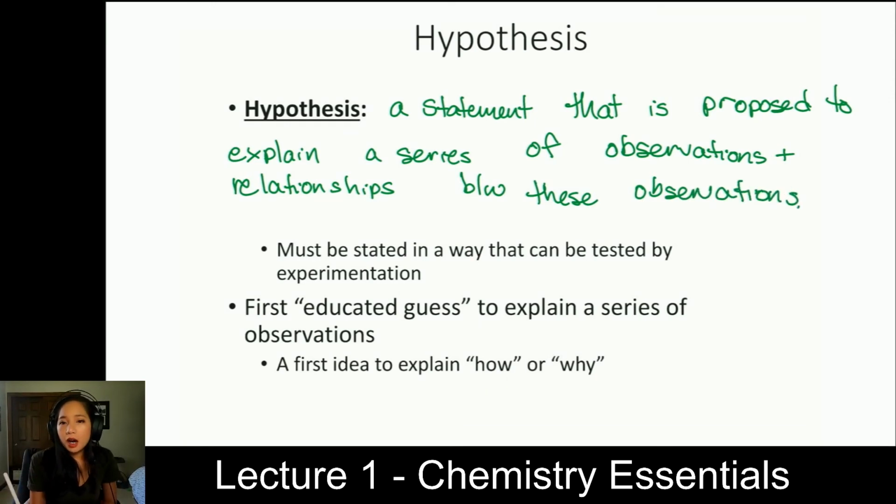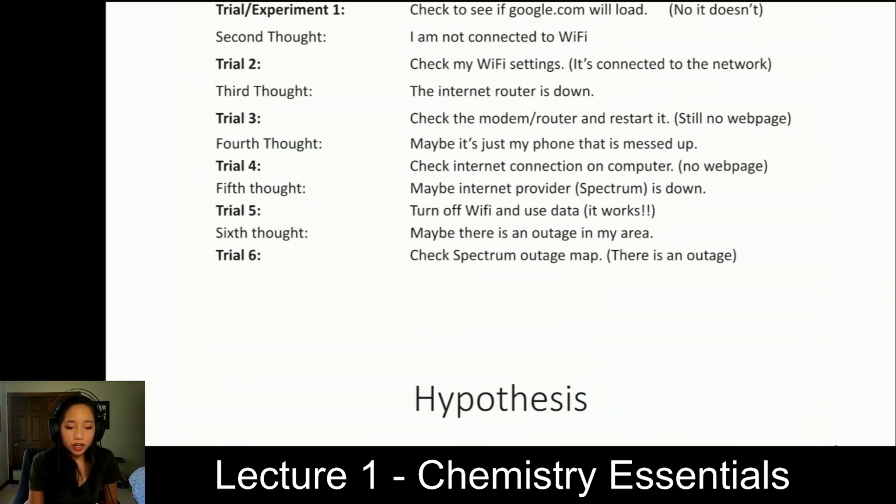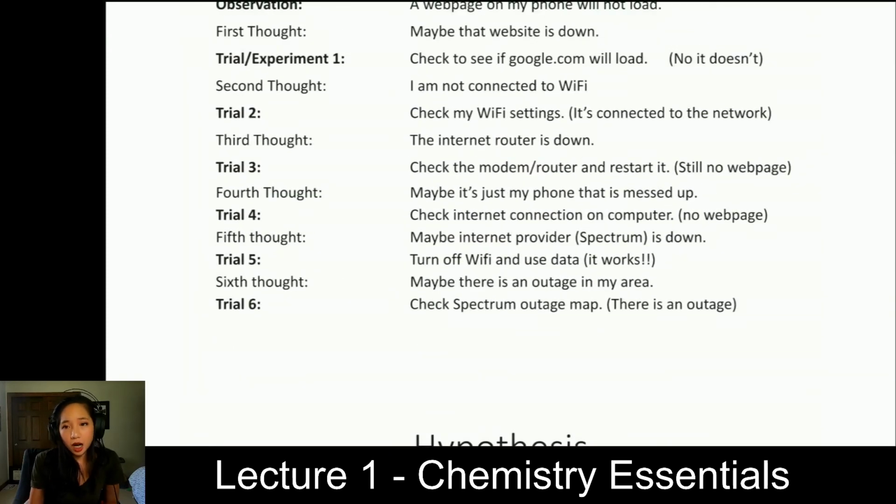When you write a hypothesis, it must be worded in such a way that you can test it by experimentation. So a lot of these observations that we made, we can make a hypothesis.